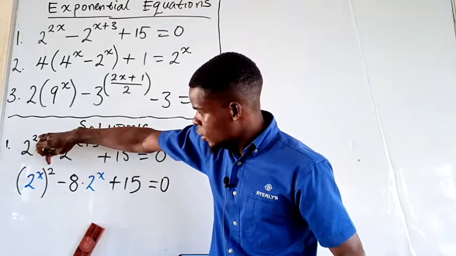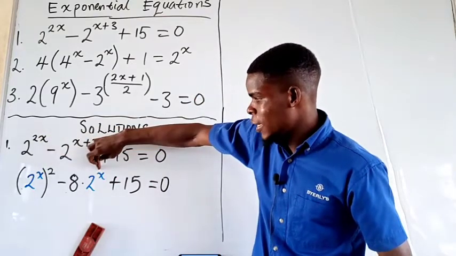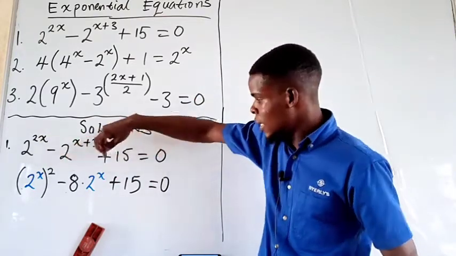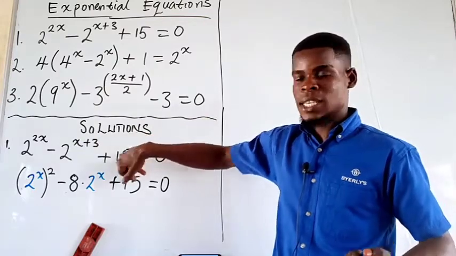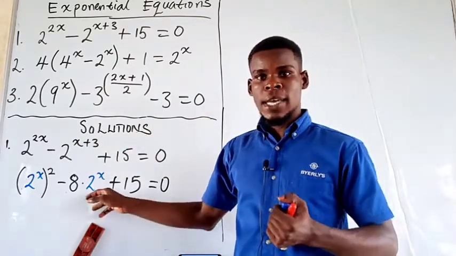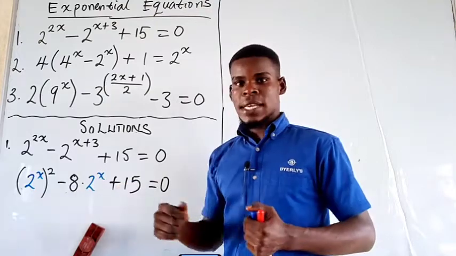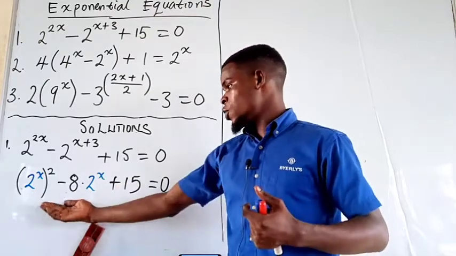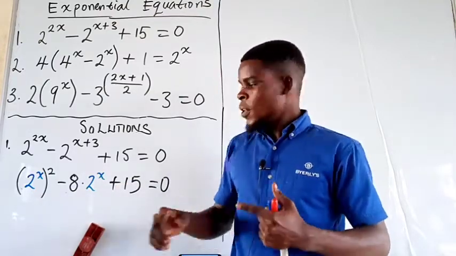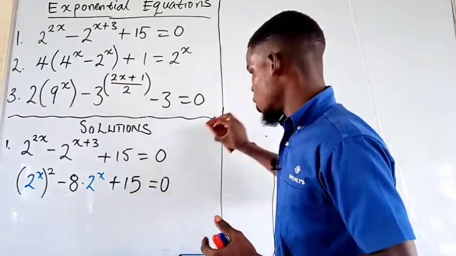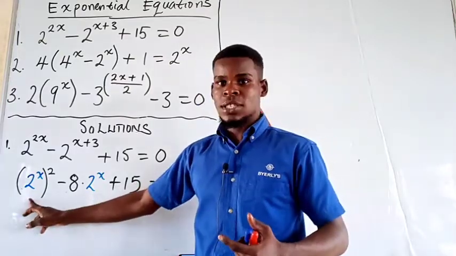Now, you see, if this is a square, and this is just a single term where the coefficient is negative 8, and this is just a constant term, 15, independent of 2 to the power of x, in fact, we can view this as a quadratic expression on the left-hand side. Now, this will be possible if we change this to that form.